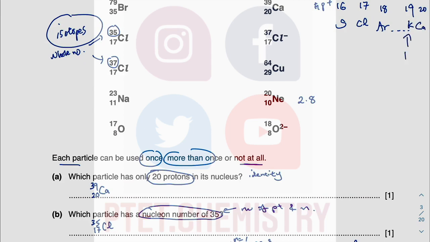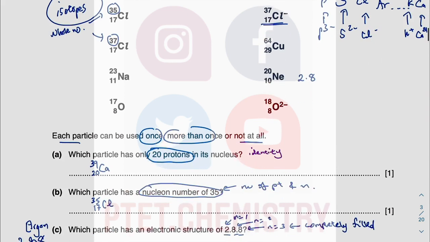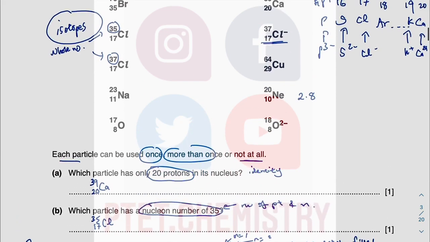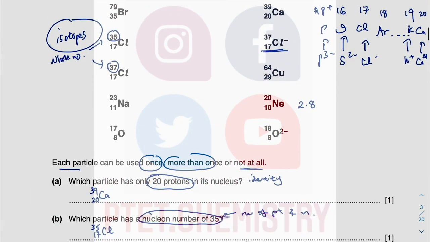So we could have K+, we could have Ca2+, which has the same configuration as argon. We could have Cl-, we could have S2-, and so on. So what can you see? Well, there's one there: the chloride anion. It has gained 1 electron, and therefore it has 18 electrons altogether. That means it will have noble gas configuration. Is there any other choice? No, there's no other choice then.